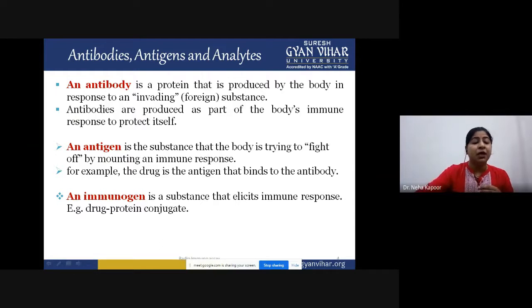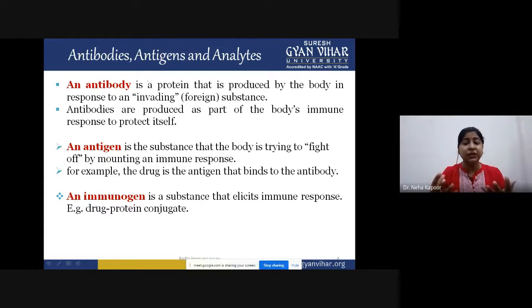Now the point is, what is an antigen? An antigen is basically a foreign substance that the body is trying to fight off, so it is not a part of our body. It is trying to invade the body, and in response to that, our body activates its defense mechanism so that it can fight against it, and it mounts an immune response.